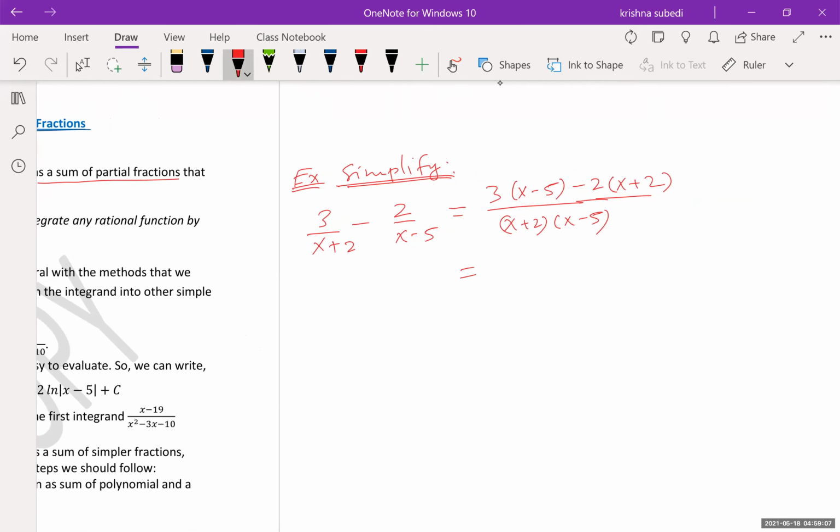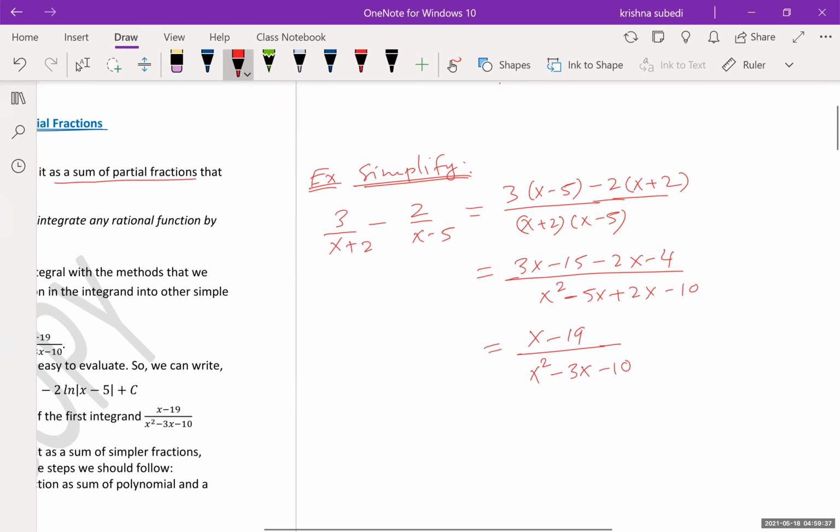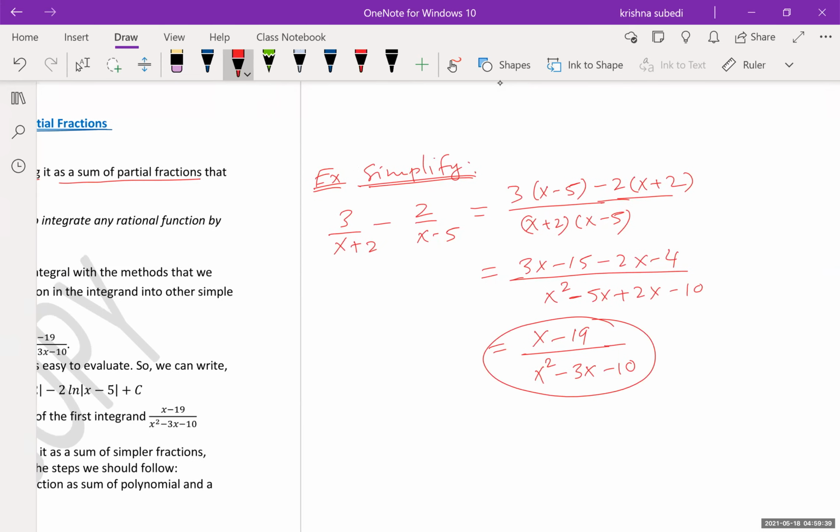And this is going to give me 3x minus 15 minus 2x minus 4 over x squared minus 5x plus 2x minus 10. So if I simplify further, I'm going to get x minus 19 over x squared minus 3x minus 10, right? So I can write this equals this.